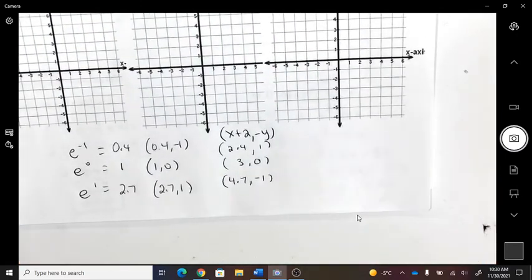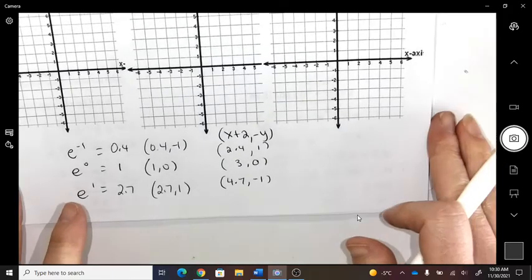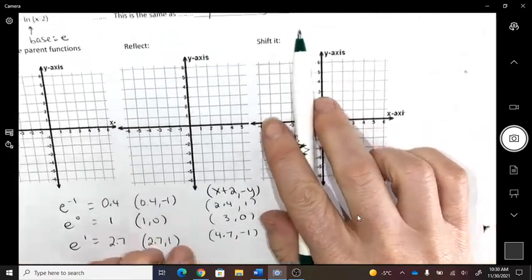Do you know where your asymptote is going to end up? It's shifted to the right 2.